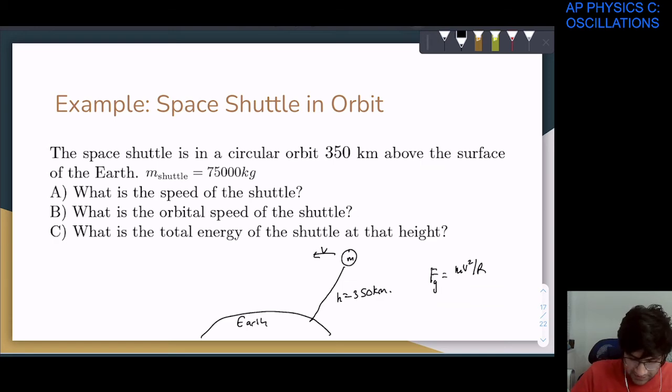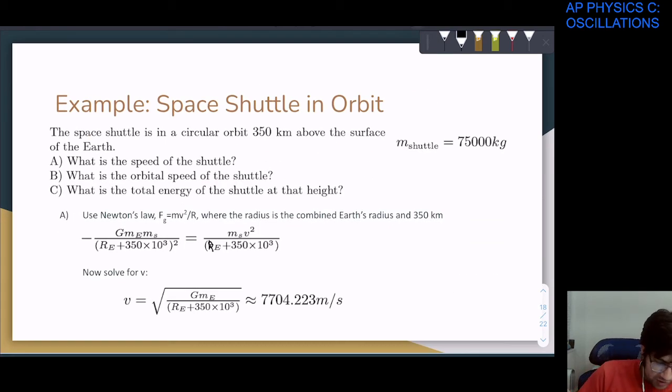Alrighty, so let's look at the solution. We're going to basically use Newton's law. We'll use this F is equal to mv squared over r because we recognize that there's a circular orbit, so there's centripetal force. Now, the force is given by G m1 m2 divided by r squared, and recall that one of the masses is the Earth's mass, and the other mass is the shuttle, and the radius is just the radius of the Earth plus the distance the satellite is above the Earth.